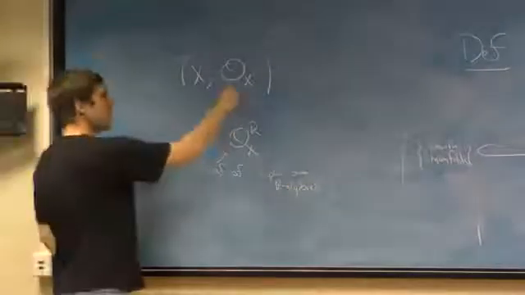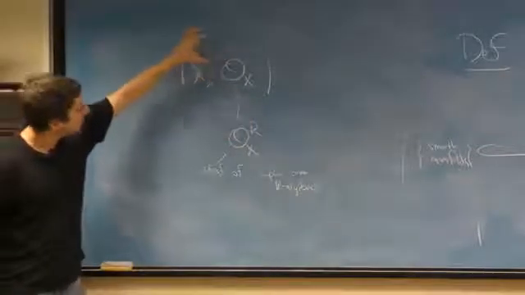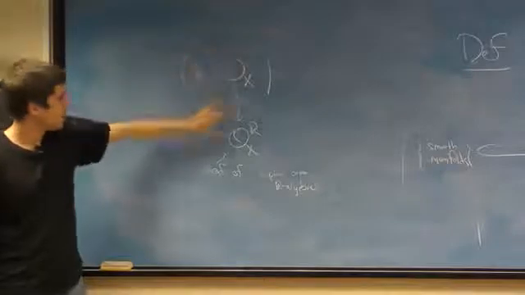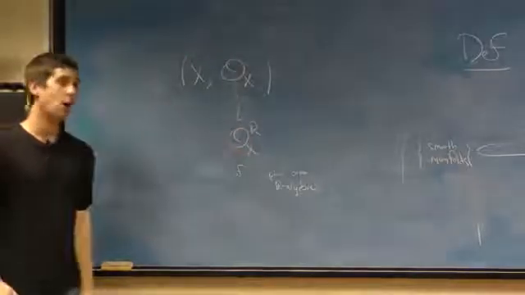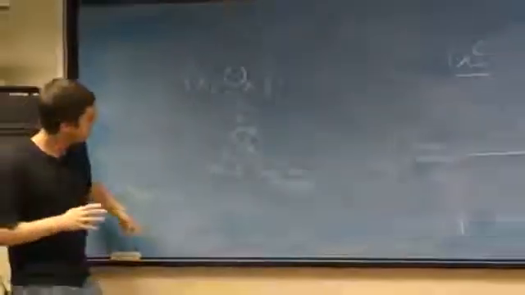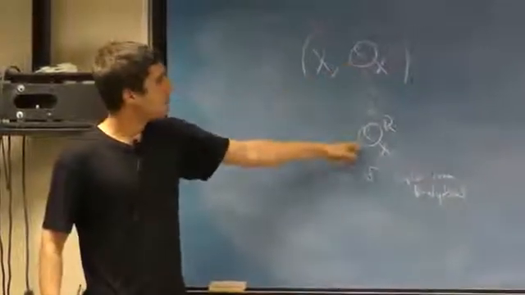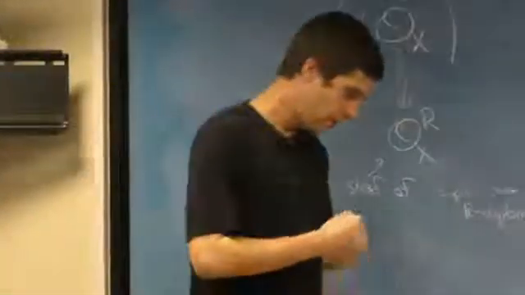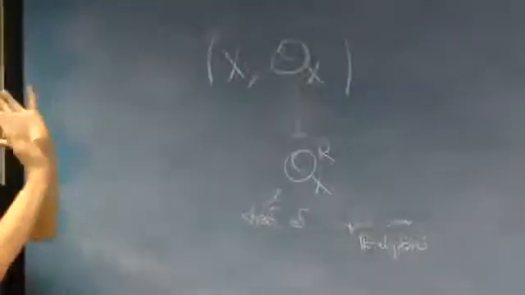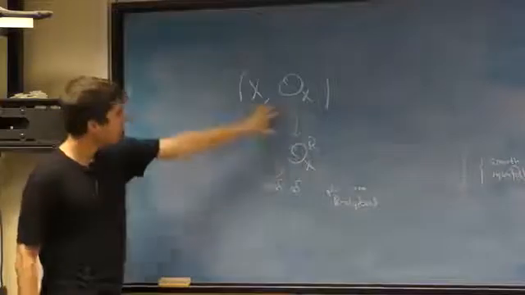So now you could ask, how much information is lost by taking this sheaf OX and remembering only this sheaf OXR? And the answer is some information is lost, which was exactly the point of defining things in this way. But to some degree of approximation, not much is lost, for the following reason.